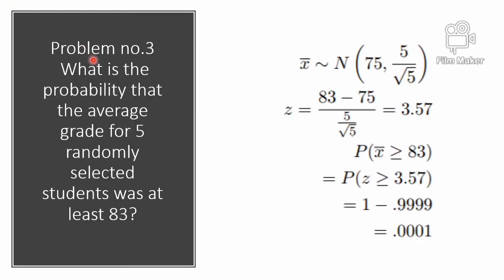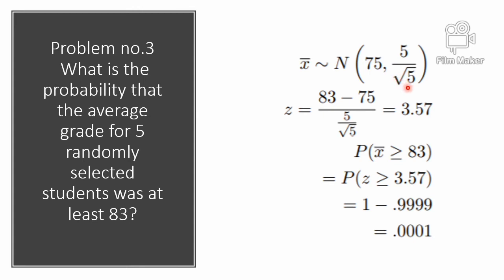Okay, problem number 3. What is the probability that the average of 5 randomly selected students was at least 83? It is normally distributed, the mean is 75 and the standard deviation is 5, with 5 randomly selected.